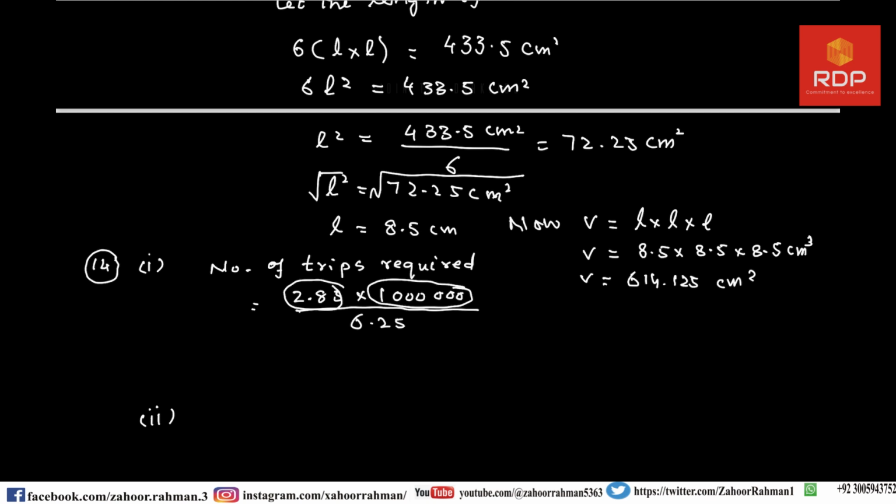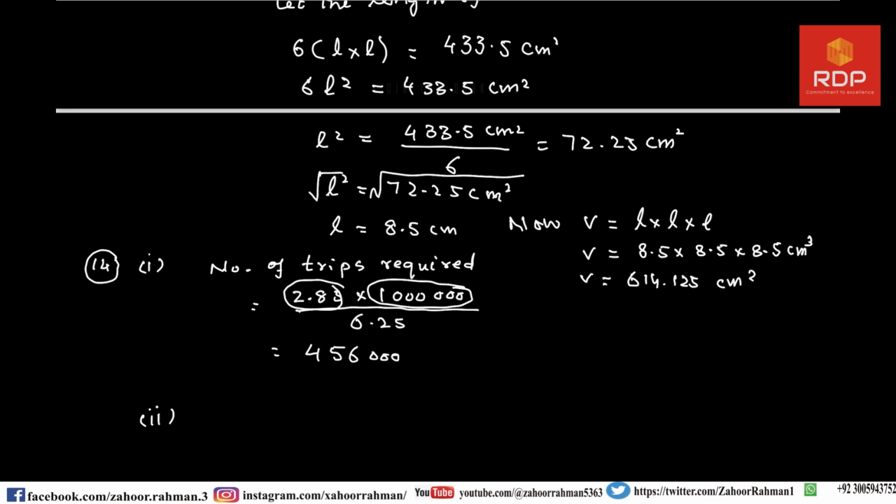Because each truck can carry 6.25 meter cube of earth per trip, we are dividing that, and as a result we will get 456,000 trips required to fill that quarry.